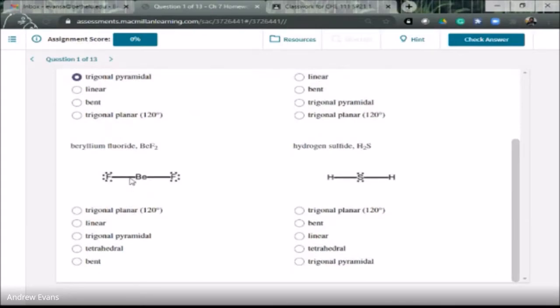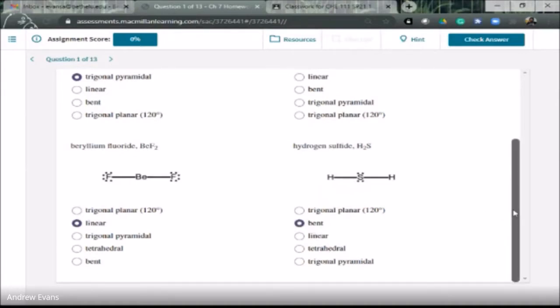BeF2, beryllium fluoride, has 2 things coming off of it, so it is linear. But SH2 has 1, 2, 3, 4 things coming off of it: 4 electron domains, 2 lone pairs. 4 electron domains puts it at tetrahedral. 2 lone pairs puts it at bent.